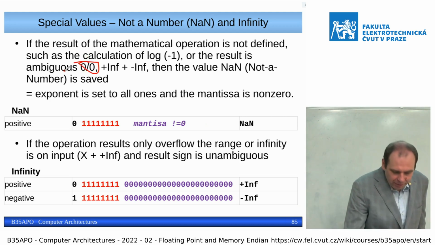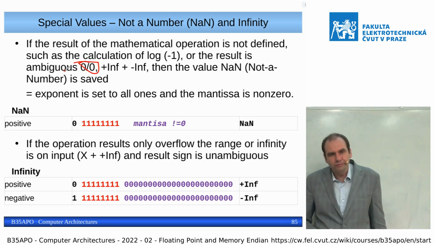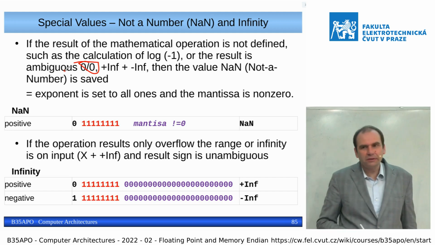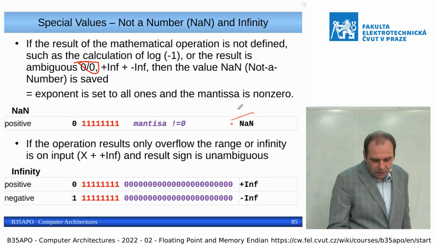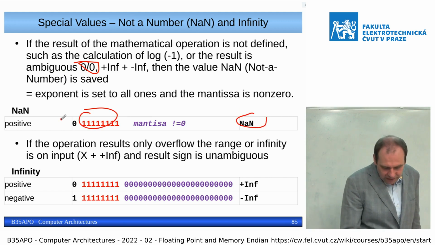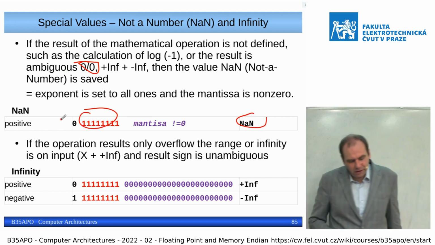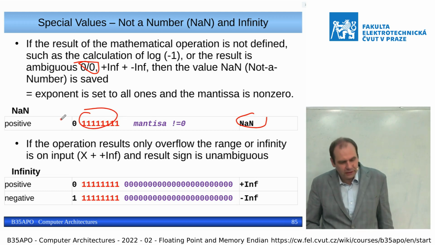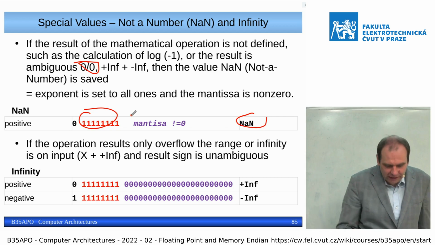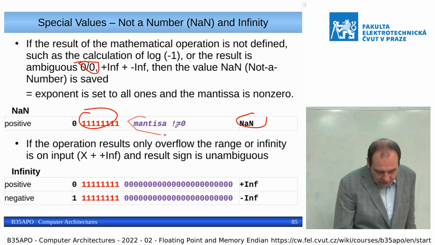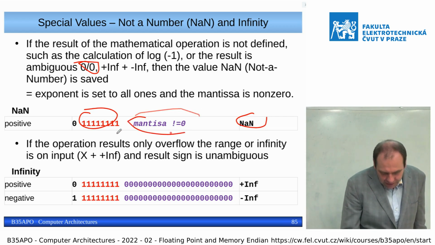Then we have some other problems. What is, for example, the division of 0 by 0? Can we say what the resulting number is? It is undefined. So we have a special value when all the bits of the exponent are 1, then this special value is reserved for infinity and for not a number.